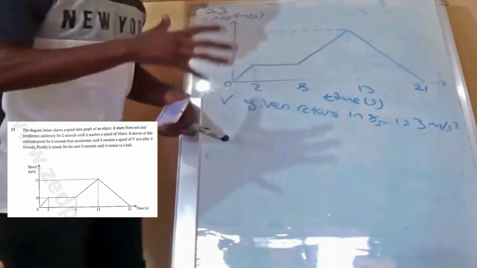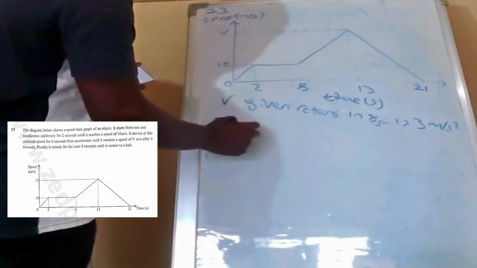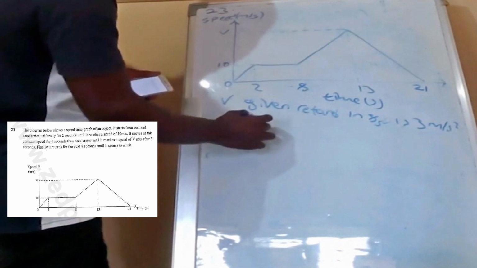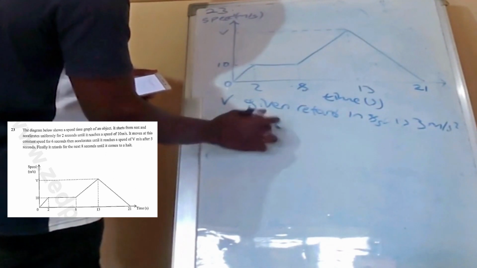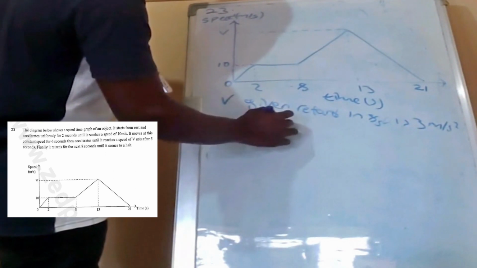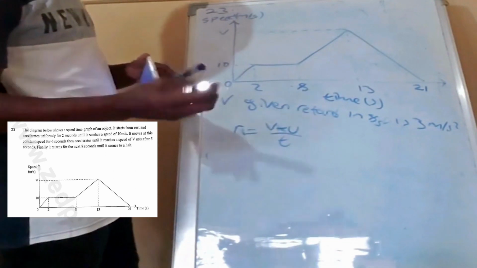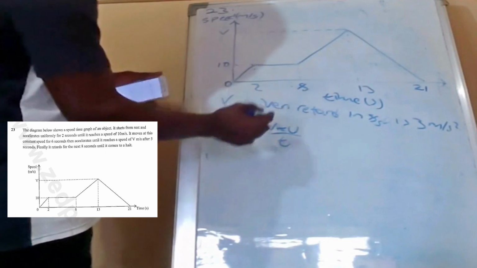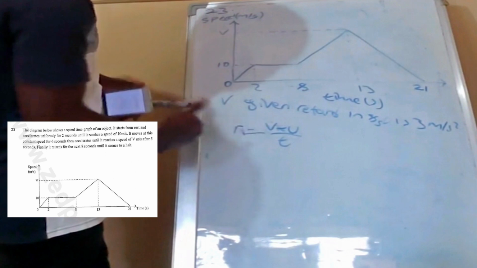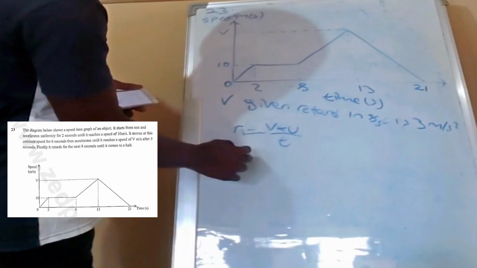So we still apply the same formula that we use for acceleration. Retardation is negative, so we say negative (V minus U) over T. We're given the retardation to be 3, so put 3 there.